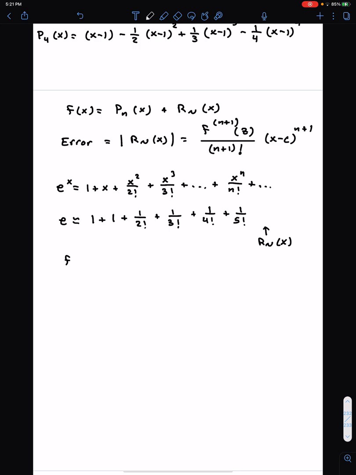So if f of x is e to the x, the n plus first derivative is also equal to e to the x.